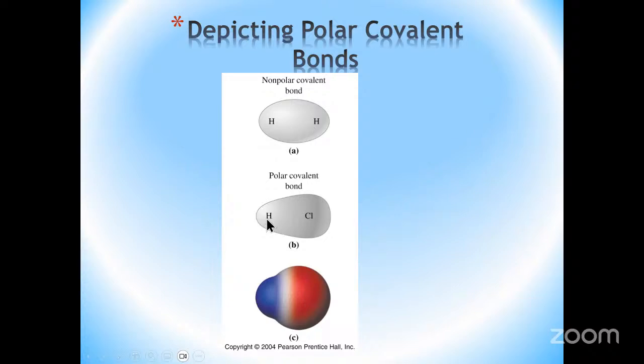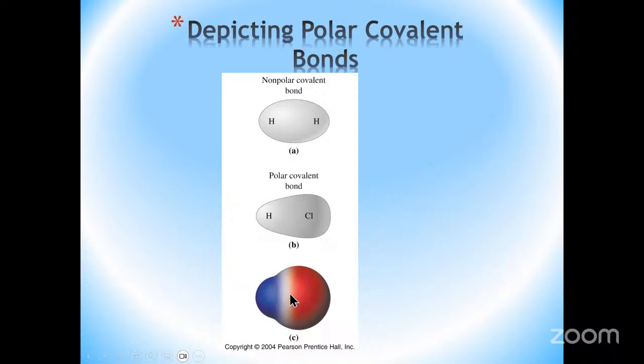Now, if hydrogen is bonded to something electronegative like chlorine, then the shared electrons, on average, will spend more time around the chlorine than the hydrogen. So you will notice that the distribution of the shared electrons, this is their orbital, so to speak, will be such that the bulk of the density will be around the chlorine, right?